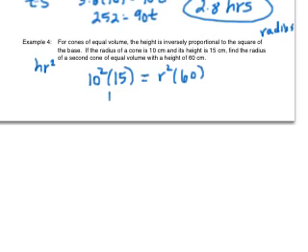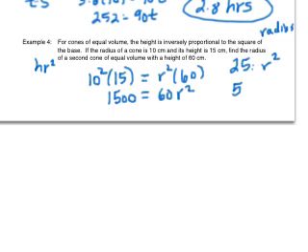So we're going to have 1500 equals 60r squared, and we need to divide, and that gives us 25 is equal to r squared. We want r, not r squared, so then 5 centimeters is my radius. And that is inverse and direct proportion and joint.